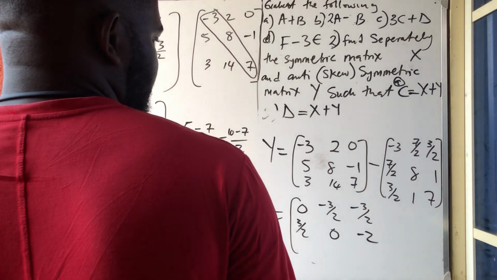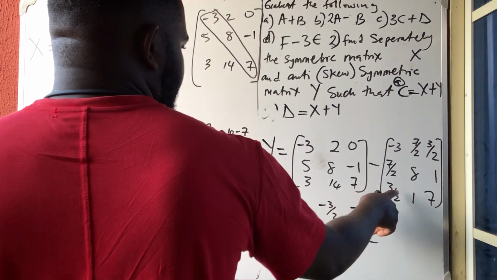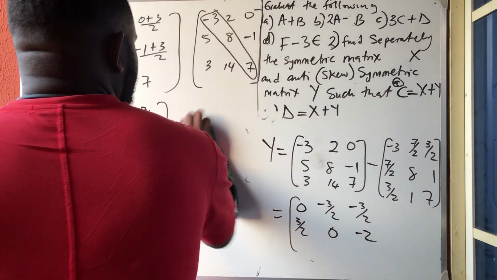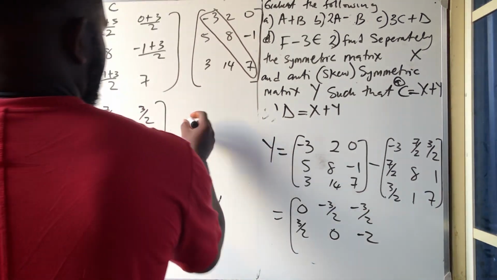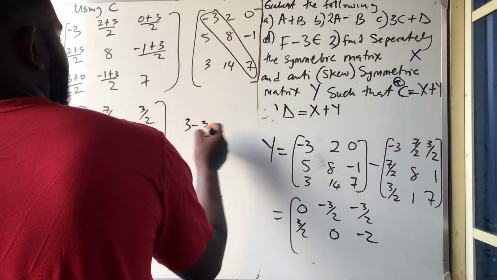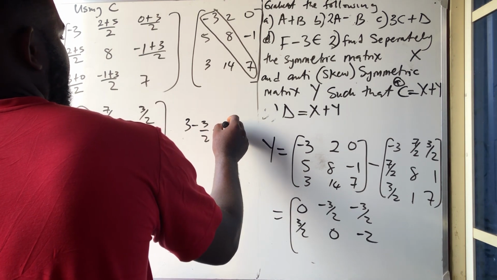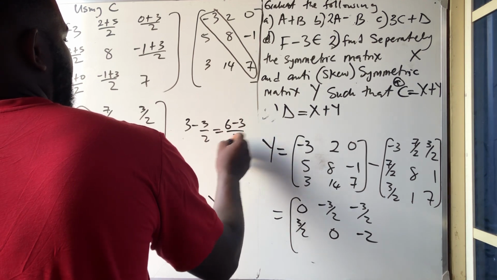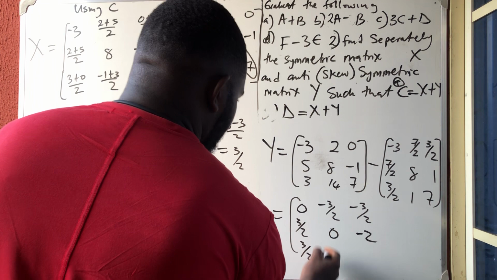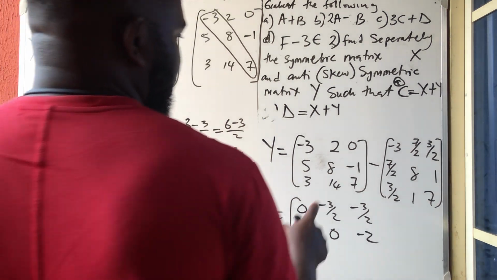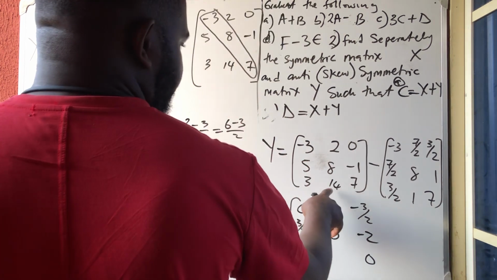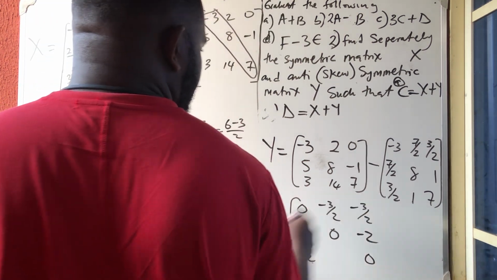Then the next one is 3 minus 3 over 2. 3 times 2 is 6, minus 3 over 2, which is 3 over 2. So I'm having 3 over 2 here. Then 7 minus 7 is 0. Okay, then 14 minus 1.